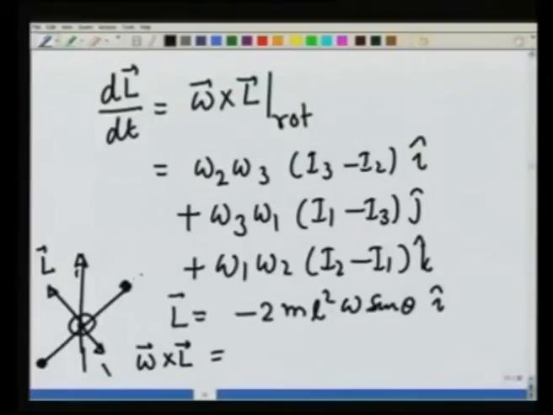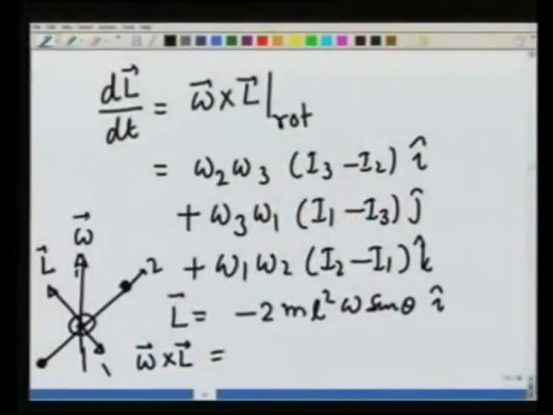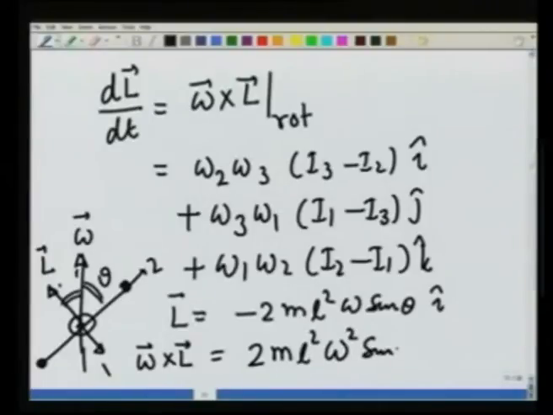This was 1, this was 2 and 3 was coming out. Its magnitude is the magnitude of omega times the magnitude of L times the sine of this angle; this is theta, this is 90 minus theta, so the sine of this angle is cosine theta. You will see this comes out to be 2mL squared omega squared sine theta cosine theta in the direction k.